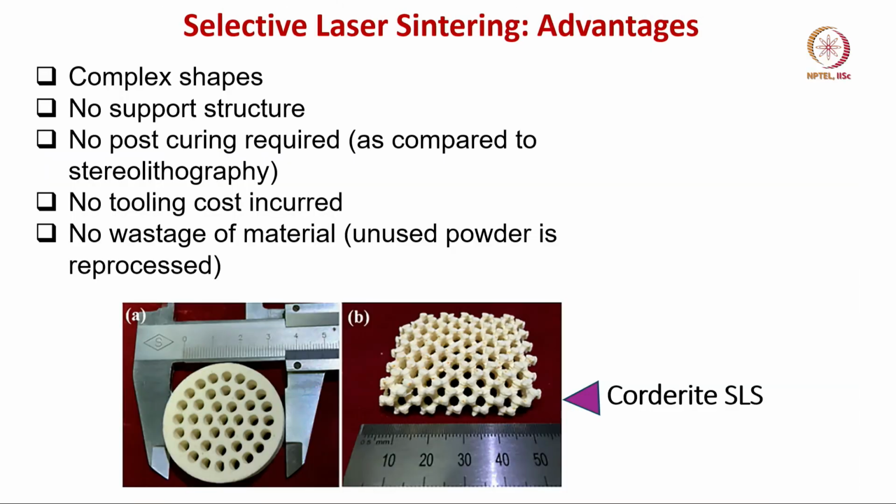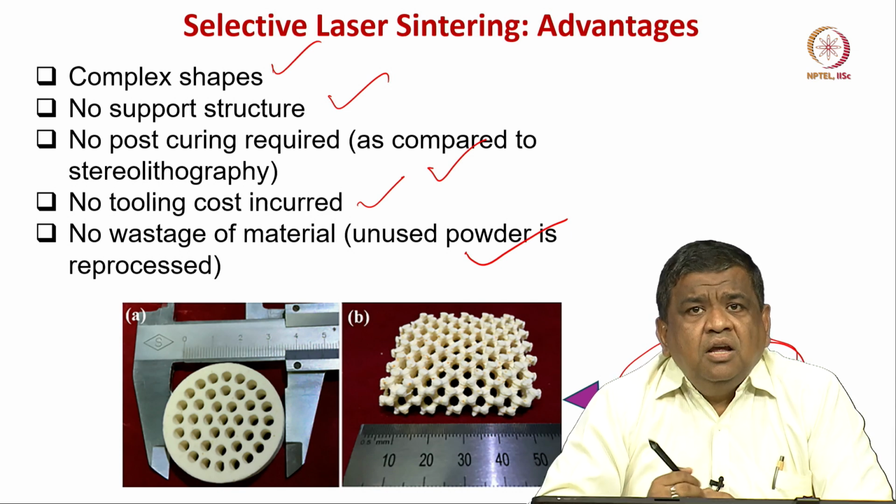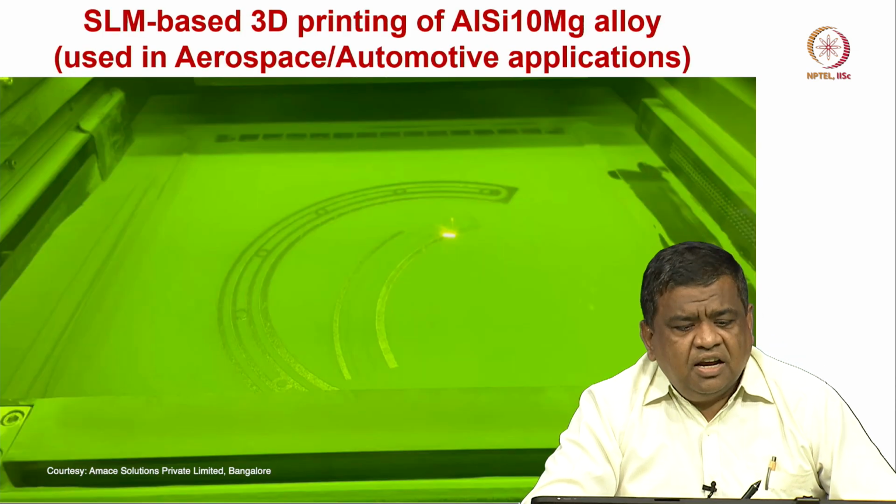What are the specific advantages of the SLS or SLM technique? Complex shaped parts can be manufactured without any support structure and no post curing, no tooling cost is incurred, and there is no wastage of materials. Unused powder is also reprocessed. This is just an example of cordierite, one of the ceramics which has been printed using selective laser sintering.